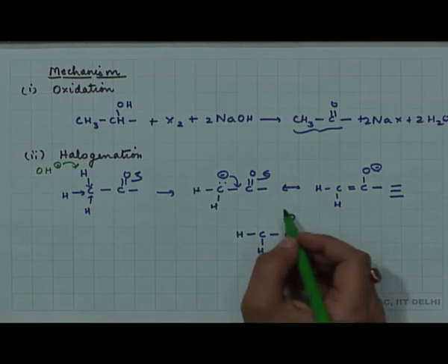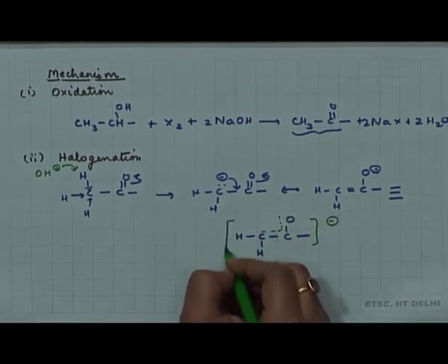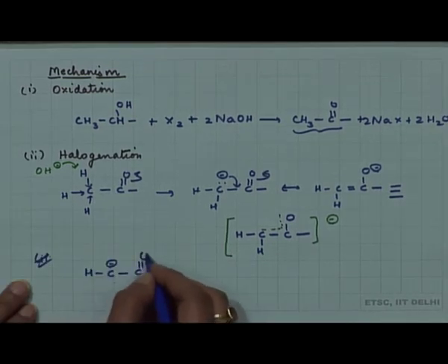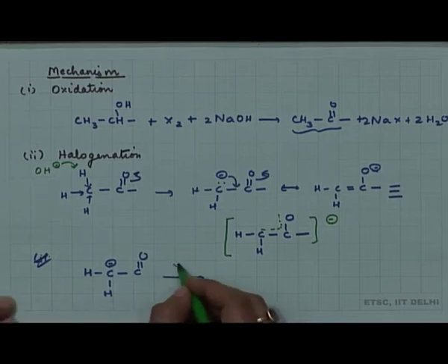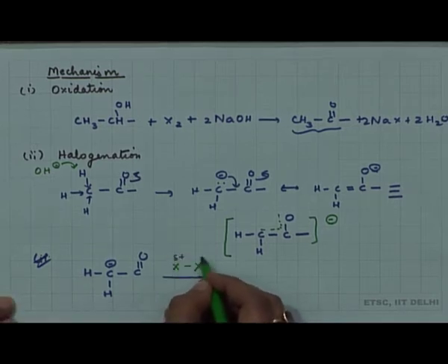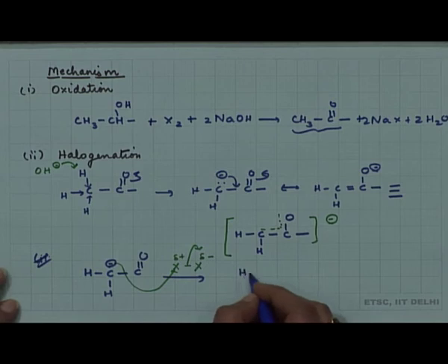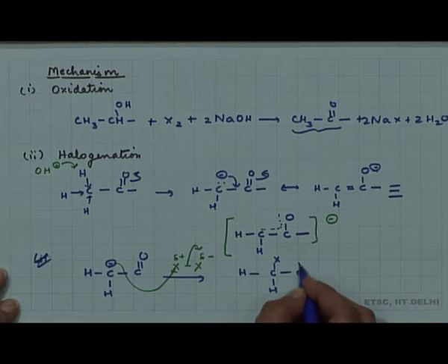So, you get this enolate in the second step. The enolate, or the carbanionic form of this compound, is what picks up the halogen. You have your halogen, which is slightly polarized, and it picks up this halogen, and what you get is the corresponding monohalogenated product.